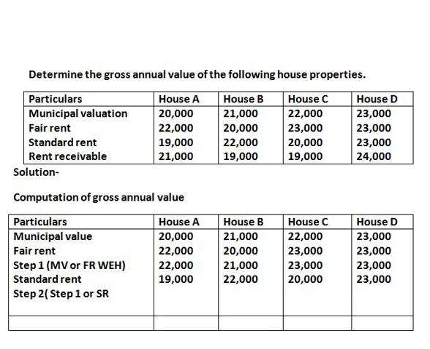So 22,000 or 19,000, whichever amount is less, that is 19,000 is the answer for house property A, 21,000 is the answer for house property B, 20,000 is for house property C, and both the values are the same, so it is 23,000 only for house D.